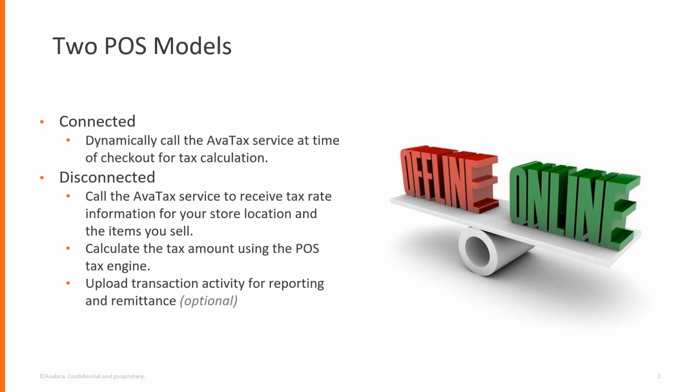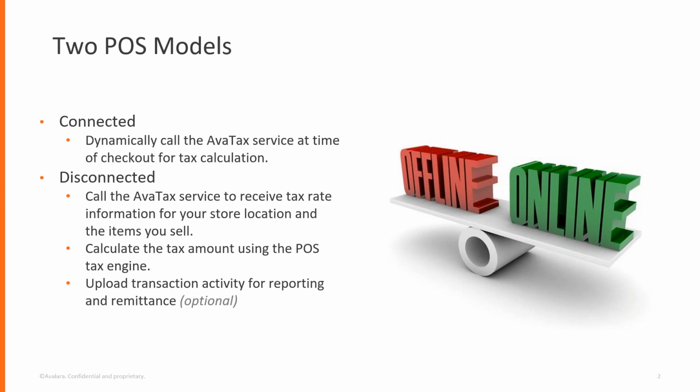However that works. We also support point of sale systems that aren't connected to the internet. We support the disconnected model, where we provide you the tax content that would allow the point of sale system to natively calculate the tax within its own engine. There are some caveats with that.